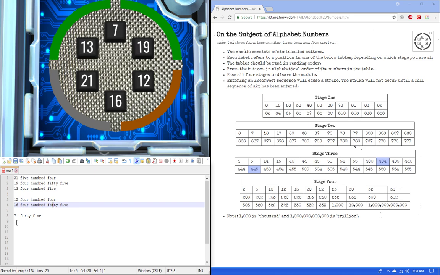Which one comes first? The R or the U? The R comes first, so this comes right in between here and there, and this finally comes last. So there's our next order is 21, 19, 13, 16, 12, 7.